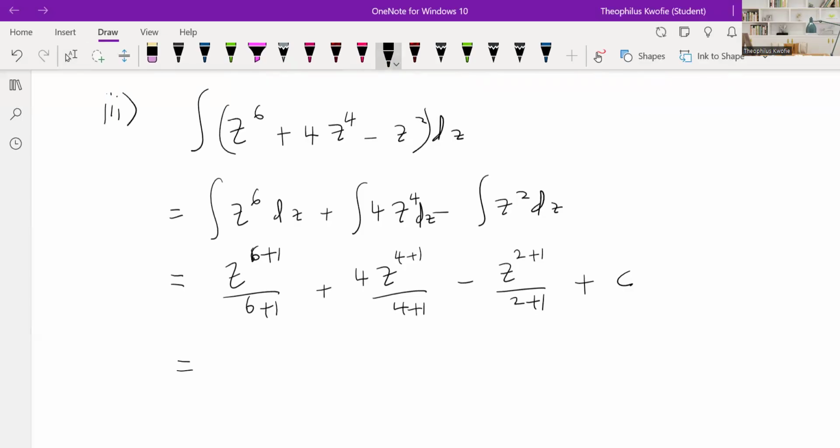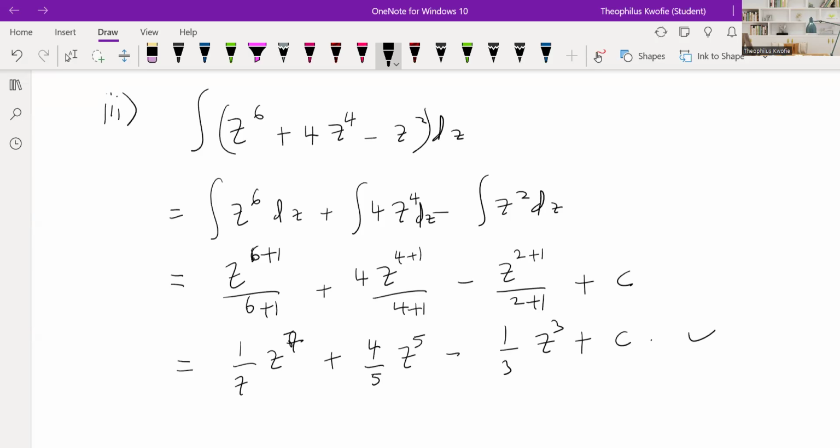And that should give us what? 1 over 7 z to the power 7, plus 4 over 5 z to the power 5, minus 1 over 3 z to the power 3, plus c. Very, very important. So this will eventually be our result.